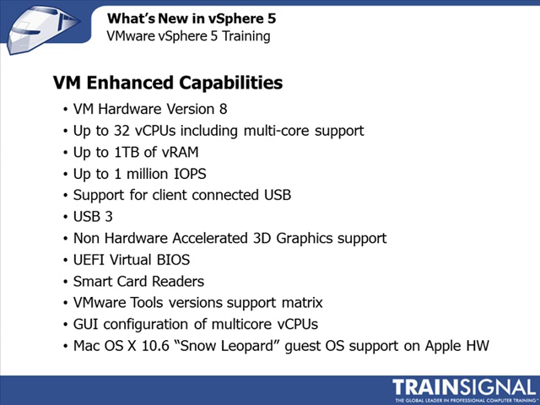Support for client-side connected USB, USB 3.0 support, and smart card reader support. This is a little bit misleading, so I just want to make sure you understand this. While vSphere 5 is extending support to these USB devices, they're extending them only to the client that is running the vSphere client.